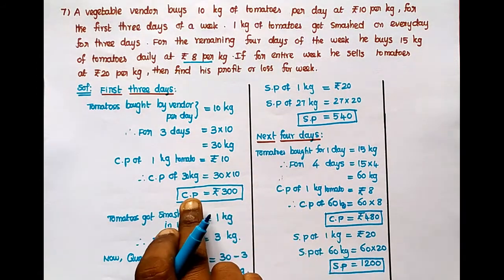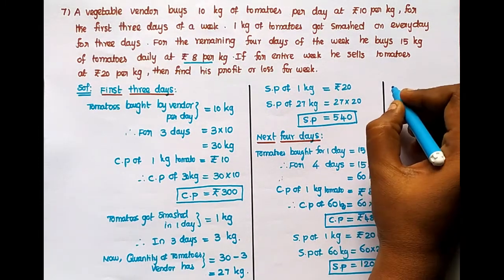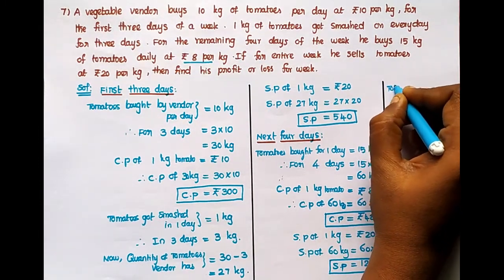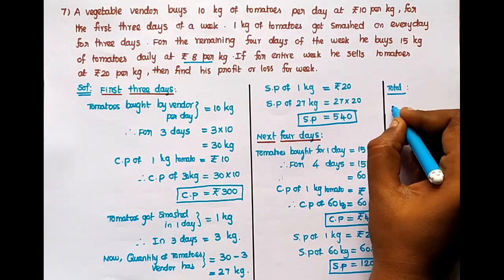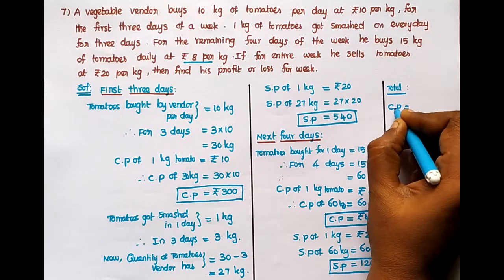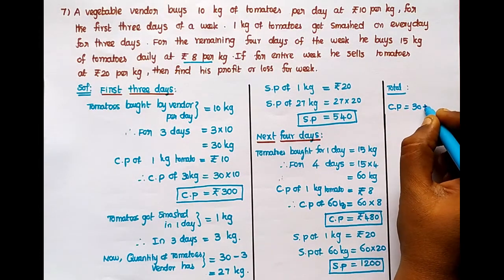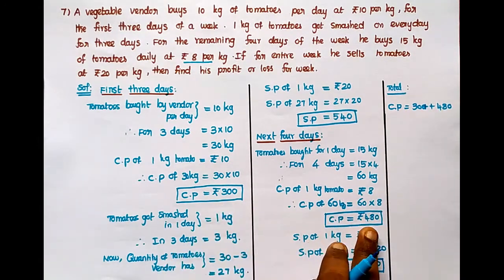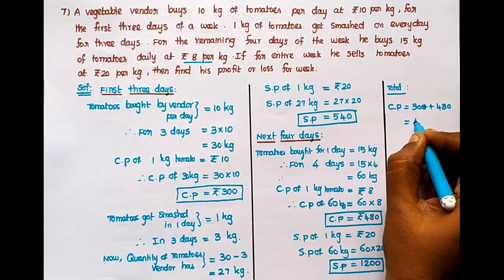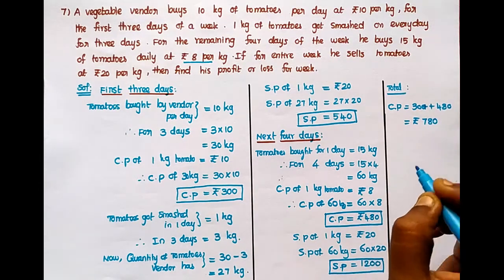Now total cost price 300 plus 480. Total cost price equal to 300 plus 480, that is equal to rupees 780.